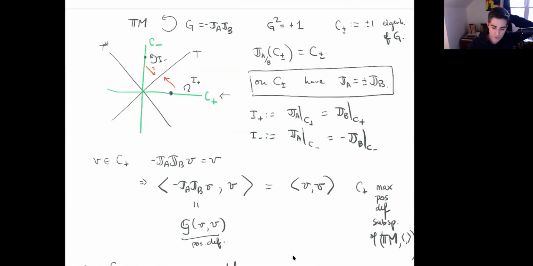So this is an isomorphism, and this is an isomorphism, because C plus and C minus have the same dimension as T. Maximum null, maximum positive definite, they're all n because we're in a split signature. And these bundles C plus, C minus, don't intersect T star. So if we project from T star, everything gets squashed together on T.